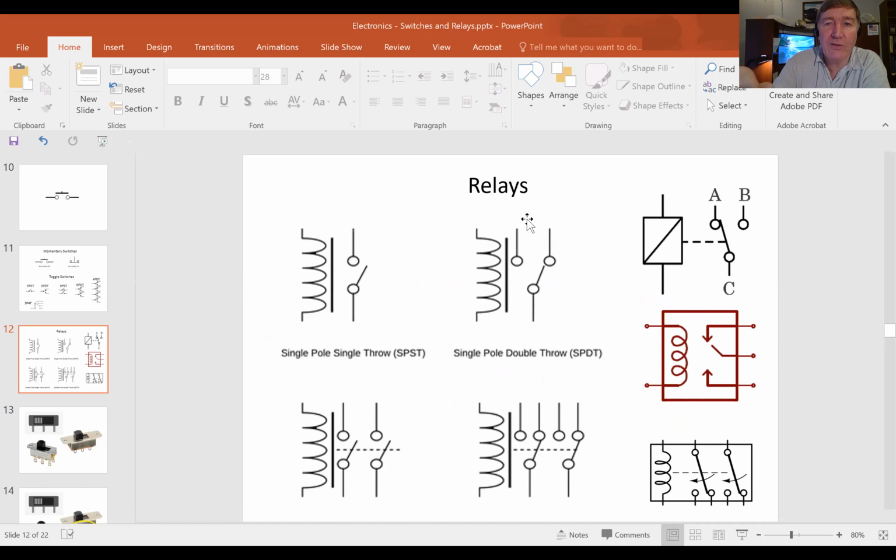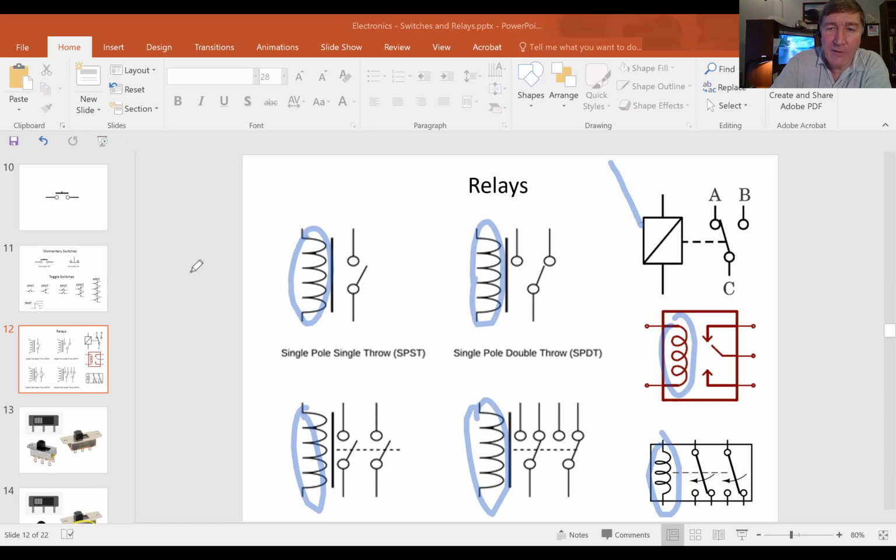And so on all these relays that you see shown here, on the left side, you've always got an electromagnet. And this thing over here may not look like an electromagnet. It's just a lazy man's way of drawing a relay. So this thing is also an electromagnet, even though you don't see the coils. Okay.